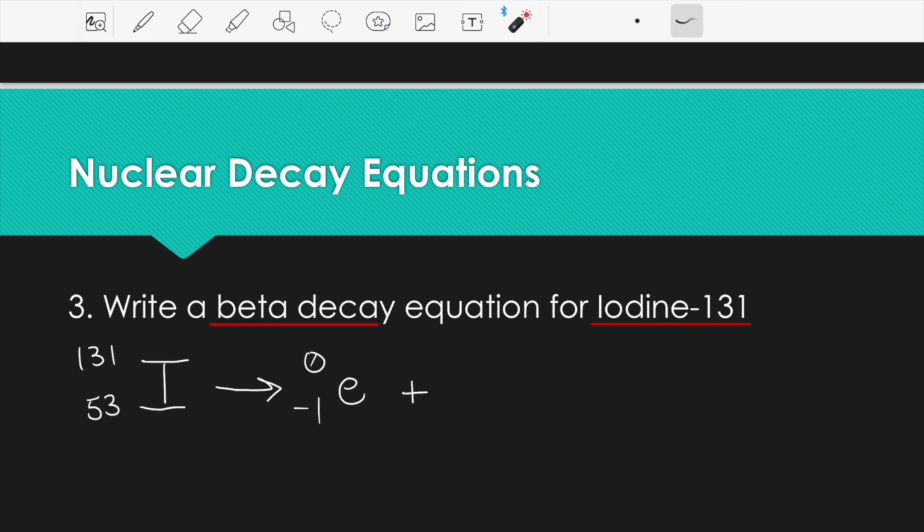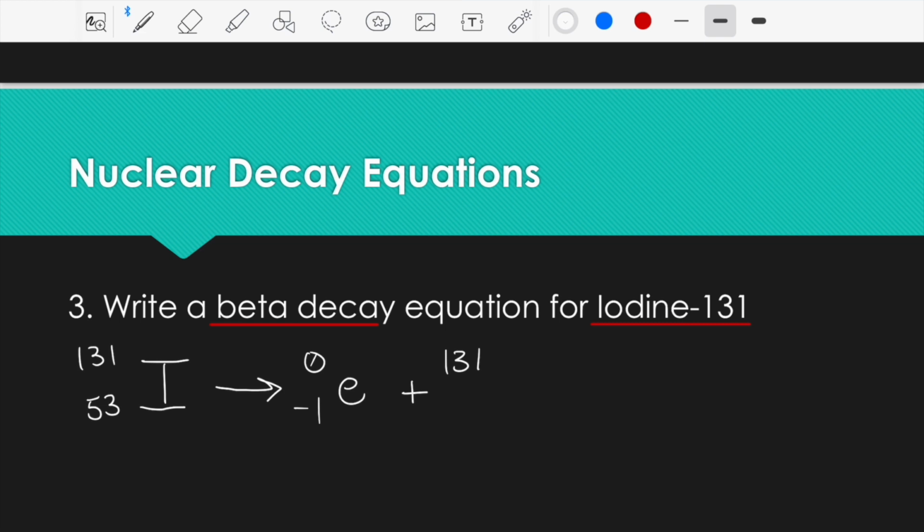Just like before, the total mass numbers on the right side of the equation have to equal the total mass number on the left. The total atomic numbers on the right side have to equal the atomic numbers on the left. Well, that makes the mass number part really easy. What plus 0 gives me 131? That's 131. Then I'd ask myself, what plus negative 1 gives me 53?